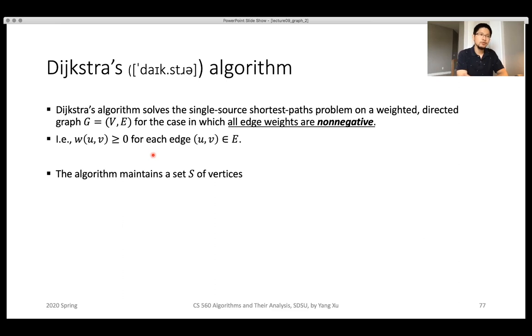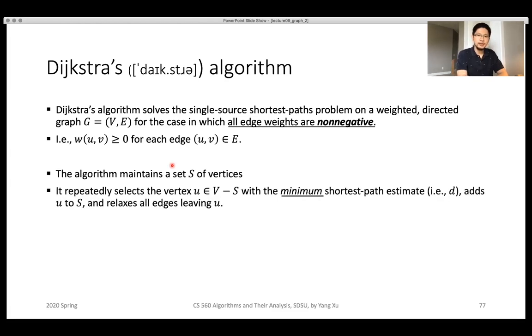Okay, so what Dijkstra's algorithm does is maintain a set of vertices. Let's call this set S. And it will repeatedly select one vertex U from the rest of the vertices.